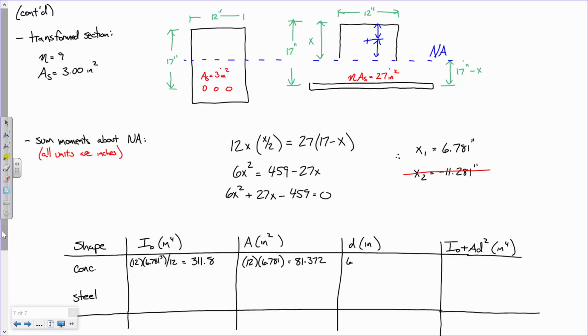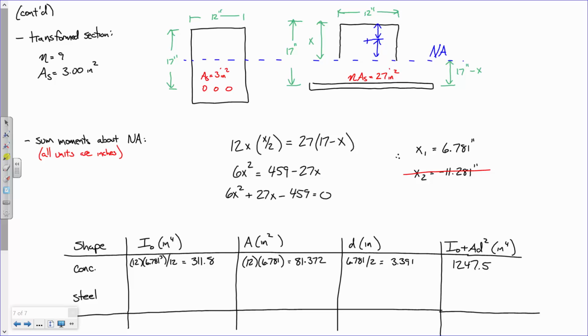So 6.781 divided by 2, what do we get? 3.39. We'll just keep it simple. 3.391. All right. So help me out. I plus AD squared, what are you getting right here? 12,247.5. Have a second on that?